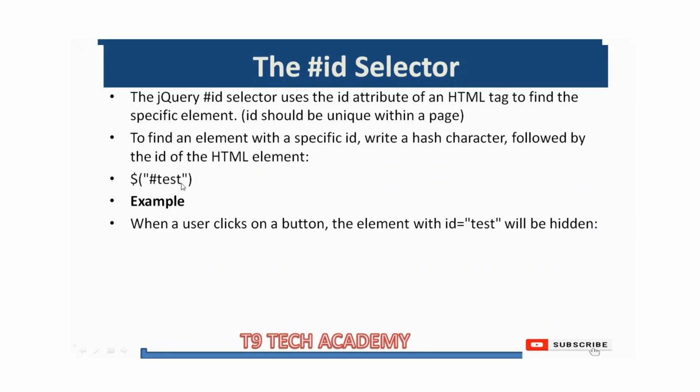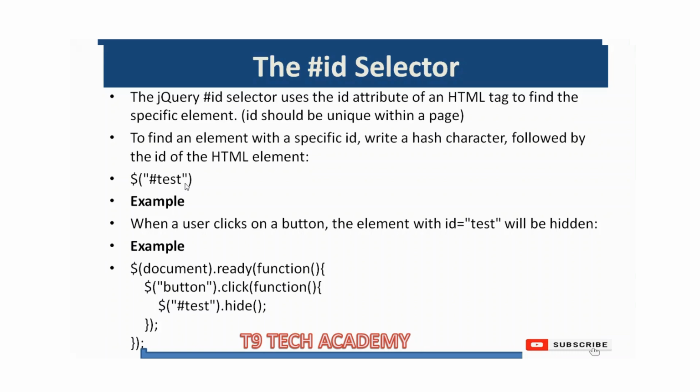So when the user clicks on the button, the element with id equal to text, we can hide. This is what a sample will look like. Let's go for a sample also. On clicking the button, we need to identify the element with a particular id.